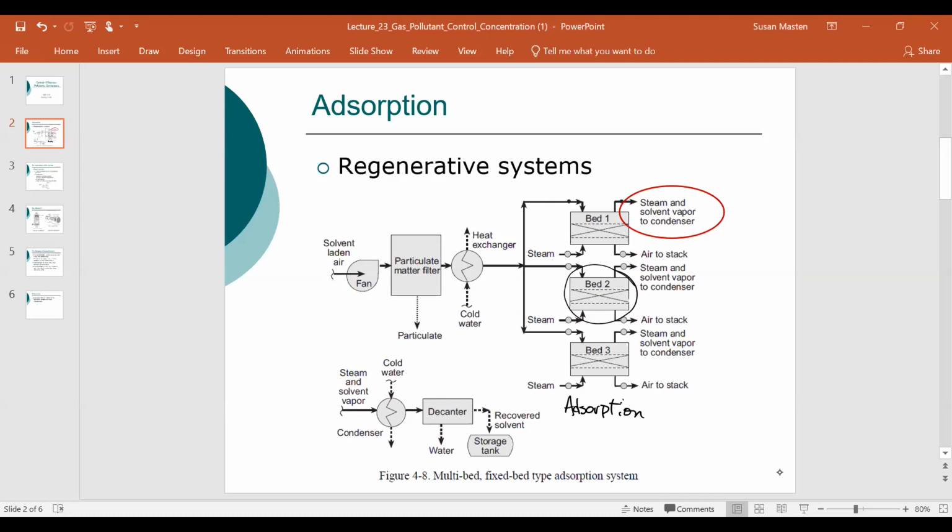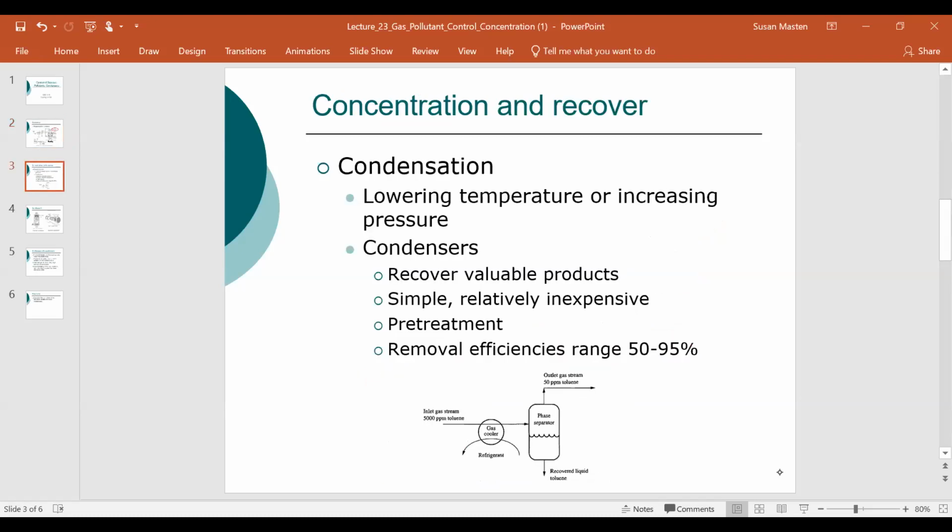You don't want to discharge it. So what you want to try and do is design a way to recover that material. And that's where condensers are utilized.